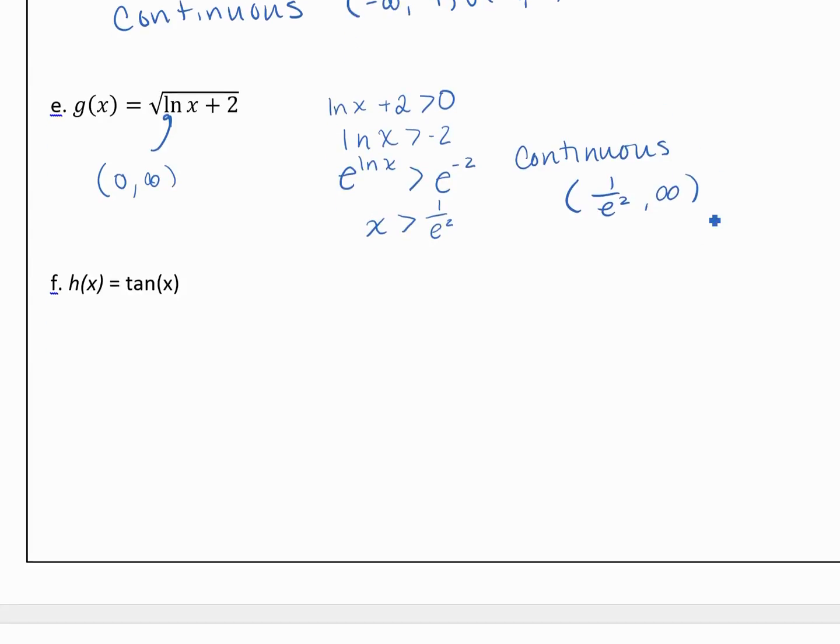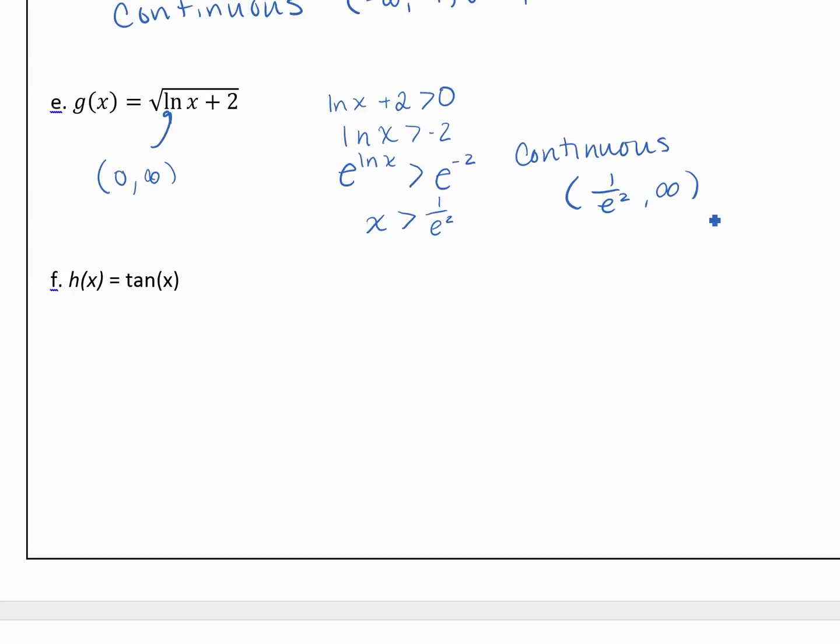Okay, and one last one here. We have tangent of x, and tangent of x is a trig function. So it's continuous everywhere on its domain, but remember tangent has all those asymptotes. So we need to remember kind of how we write that out. So we could say it's continuous everywhere on its domain.